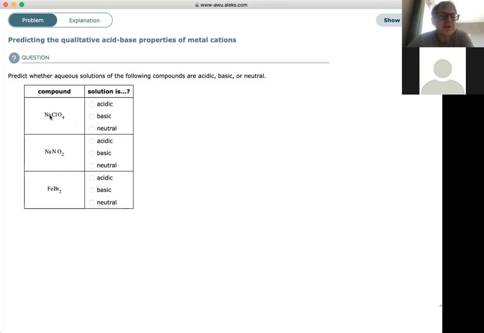So in this particular one right here, we have sodium and then we have perchlorate, ClO4 minus. And we want to know whether this is going to be acidic or neutral or basic. There we go. Okay, here's how we go about it. You deconstruct the salt into its two component ions. So let's take a look at this one.